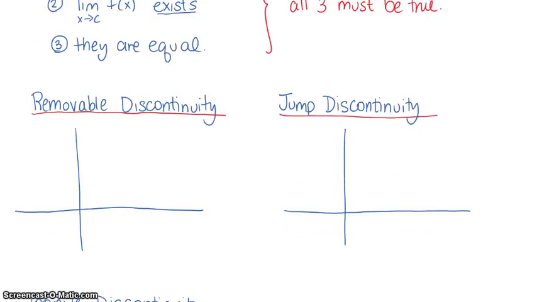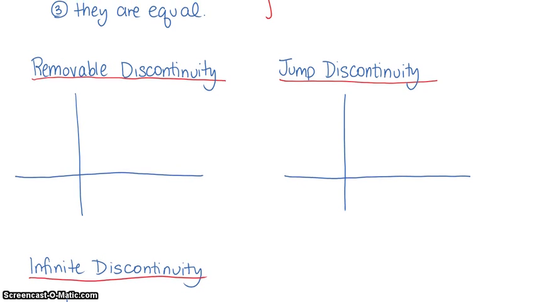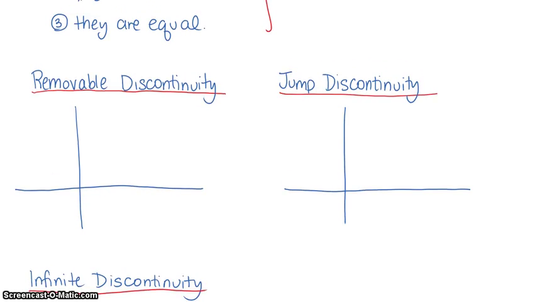So let's look at removable discontinuity first. There's also jump discontinuity and infinite discontinuity. For removable discontinuity, you may have seen something similar. It looks like it's pretty continuous except at C, where there is an external point.